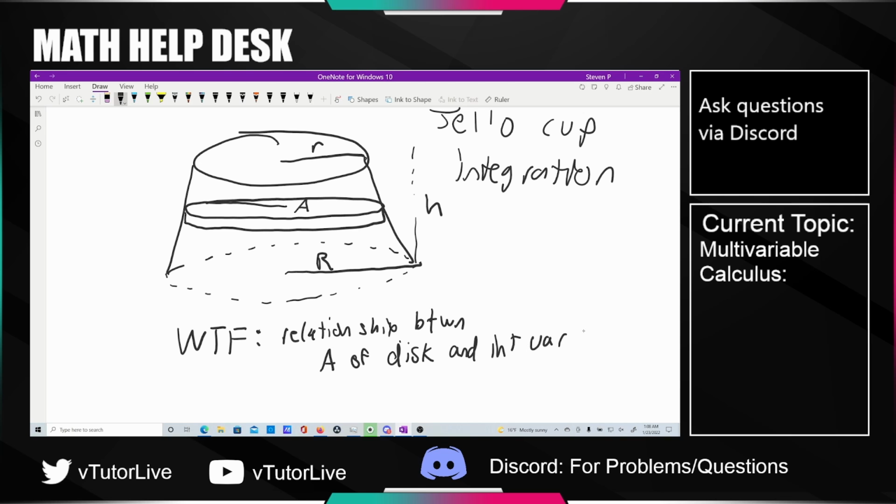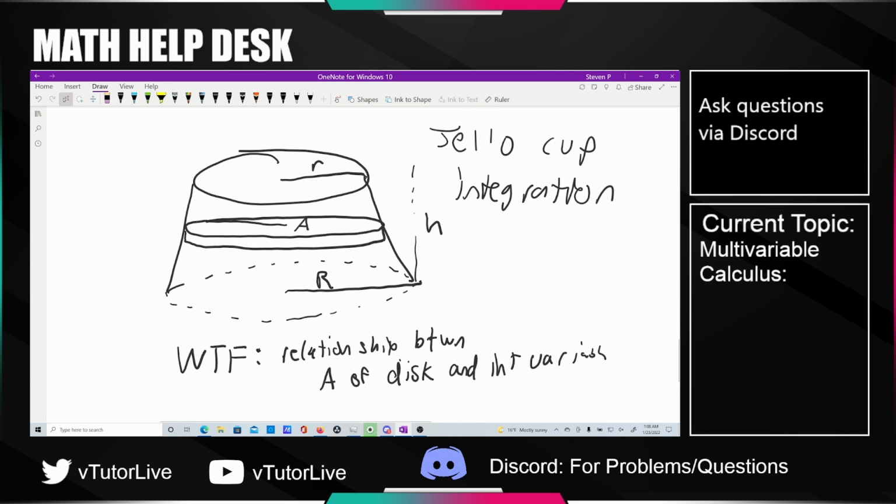What should our integration variable be? If I draw this coordinate system as, I don't know, this is 0, 0, and this is x, and this is y, would you want to integrate with respect to x or y?